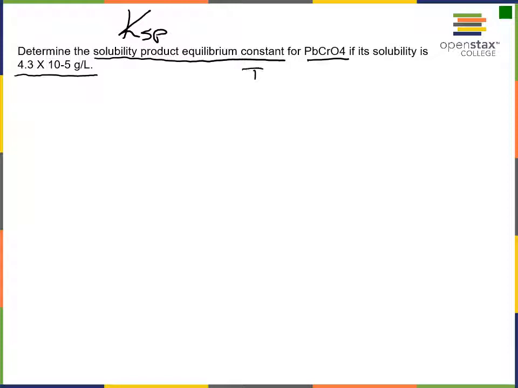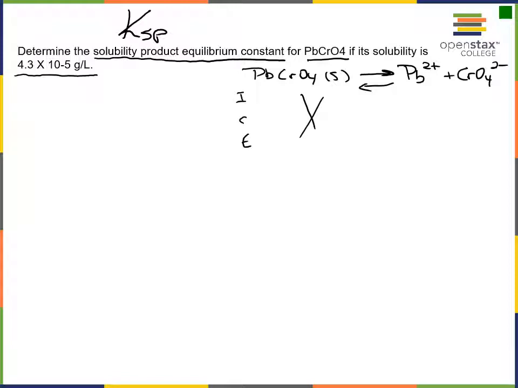First of all, we know that lead chromate is a solid and it's going to dissociate into lead and chromate. And if we start out with 0 here, we do our ICE chart and it's going to go, or ignore that, excuse me, plus x, x, and x.